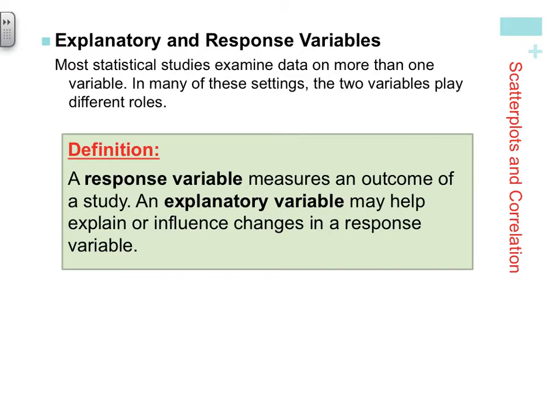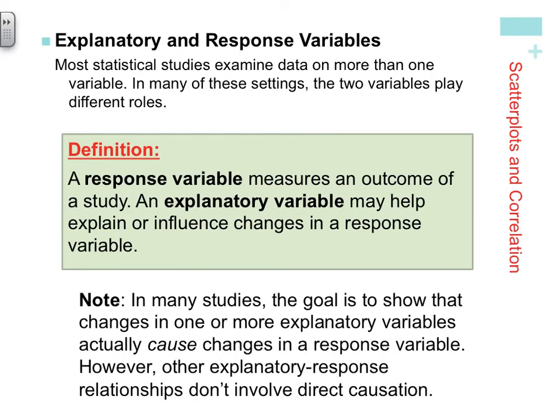So something to keep in mind too. Actually, we'll talk about that in a second. In many studies, the goal is to show that changes in one or more explanatory variables will actually cause changes in a response variable. So something like that would be, does medication change body temperature? So in that one, you're talking about medication would actually cause a change in body temperatures, okay? But there's other explanatory response relationships that don't involve direct causation, okay?